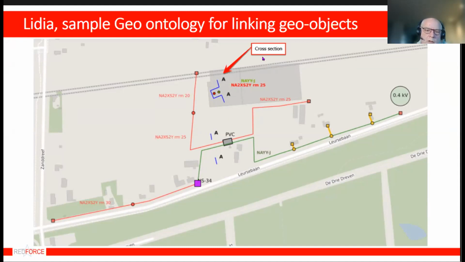Then we have here a cross section. That means if you would stand on this point and look into the ground, you would see that this medium voltage power line is below the low voltage power line. So which kind of links do we see in this map?